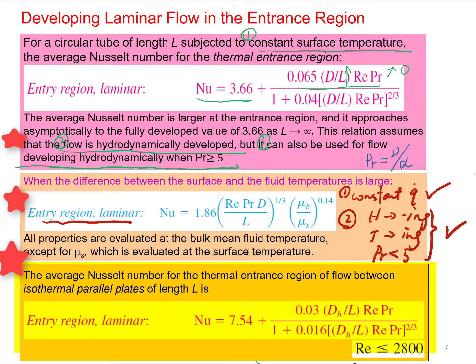The third correlation here is also for developing laminar flow in the entrance region. This correlation is for flow between isothermal parallel plates. Say if you have 2 flat plates and you have a flow in between, then you could use this correlation.